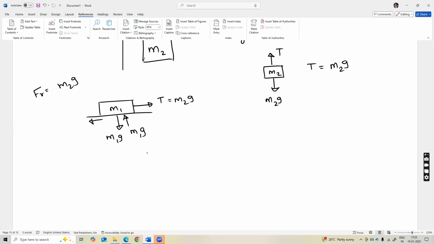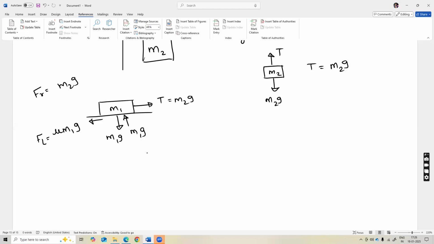However, if this block M1 is on the verge of moving, about to move, so that the applied force or tension T is just enough to start the motion, then the frictional force will be equal to limiting friction, which is mu M1 into g.